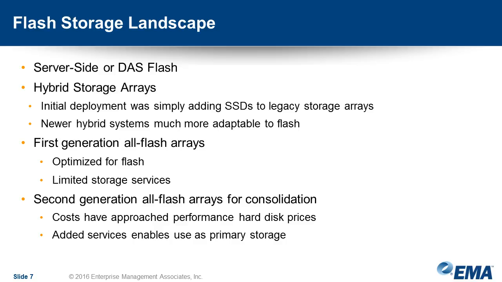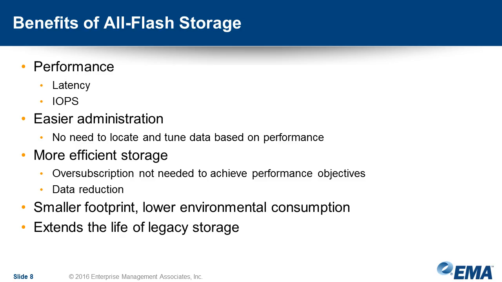So this has enabled all flash arrays to now be extended into uses for primary storage and for consolidation efforts within the enterprise. And it's this last category of all flash arrays that this radar will be focused on.